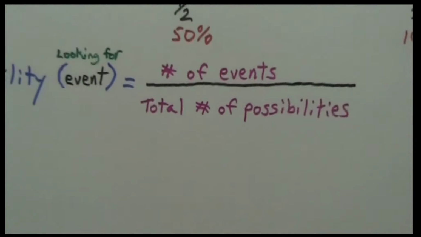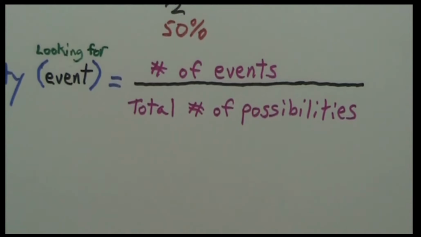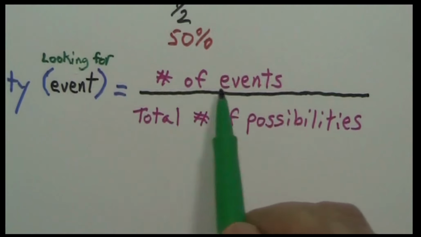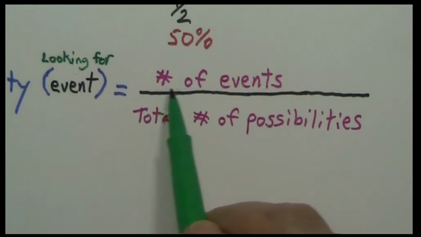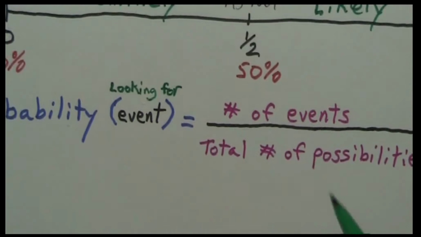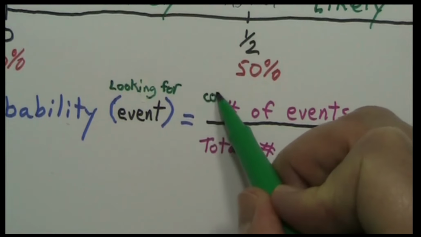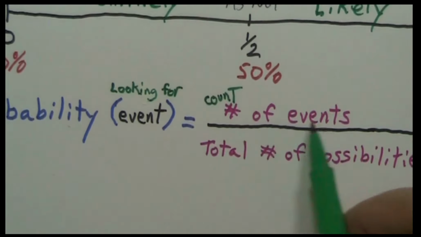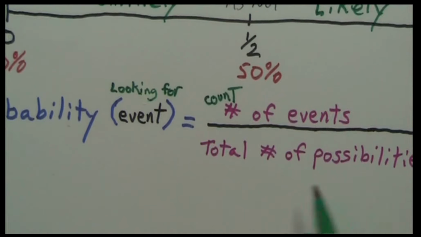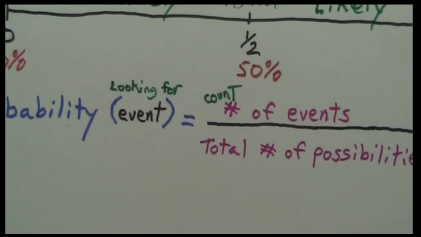And then the probability is actually a fraction. And the fraction is the number of events. You have to count. Count the number of events over the total number of possibilities.